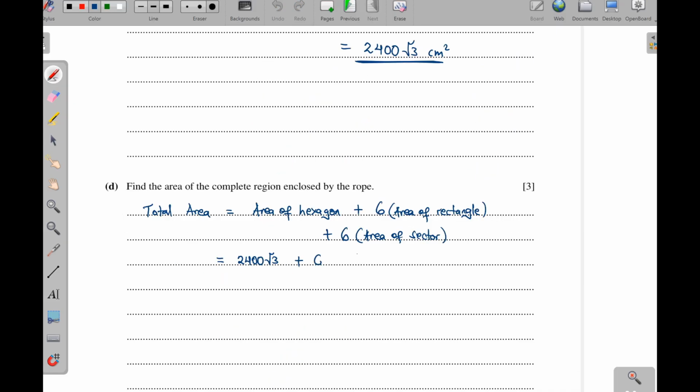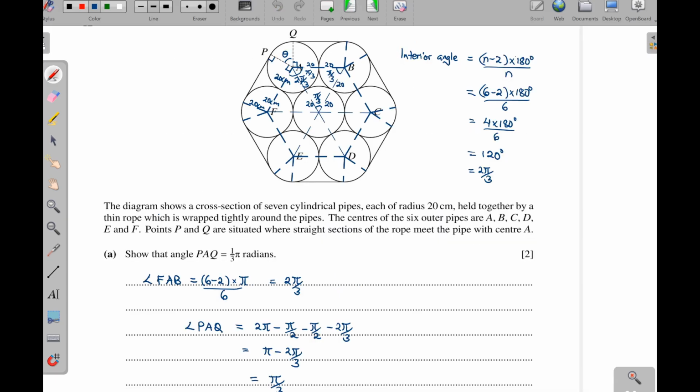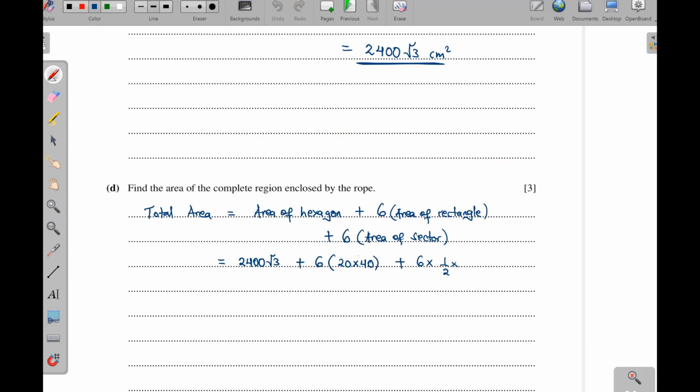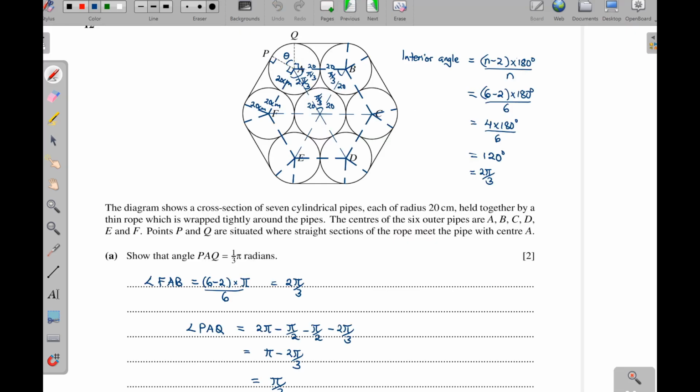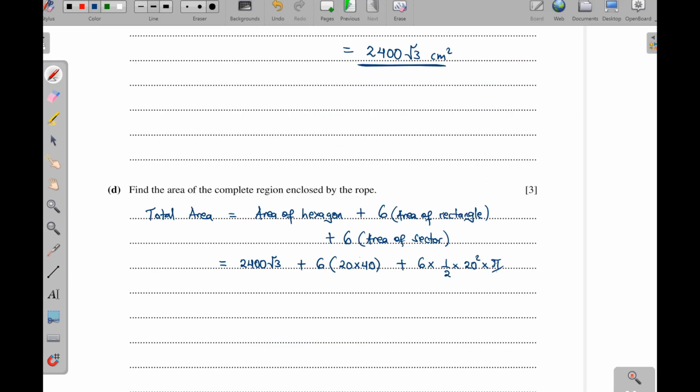So we shall have 6 times 20 times 40, then plus 6 times the area of the sector, so it will be a half r squared theta. If we check back, the radius is the same as this, it is all 20, not so? So that will be 20 squared, then theta, which is pi over 3, the one that we found here.